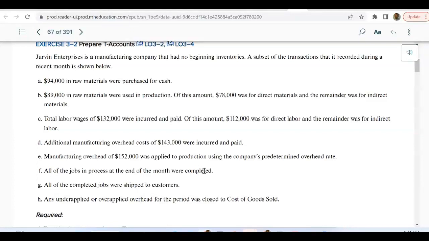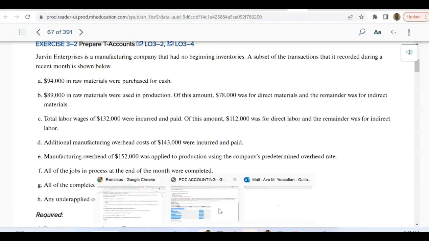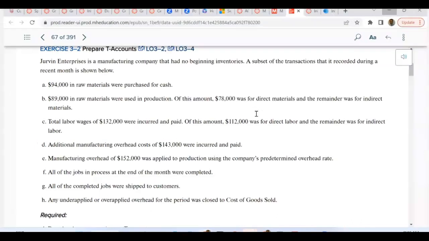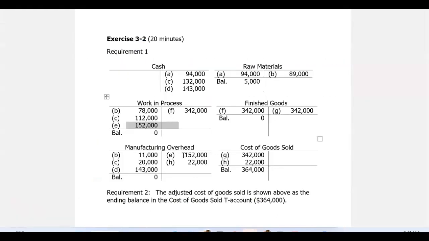So work in process should become 0. All the completed jobs were shipped to customers. Perfect. So ending inventory, finished goods inventory will be also 0. Any under-applied or over-applied overhead for the period was closed to the cost of goods sold. Normally, that's what we do. We close the over-applied or under-applied to cost of goods sold.